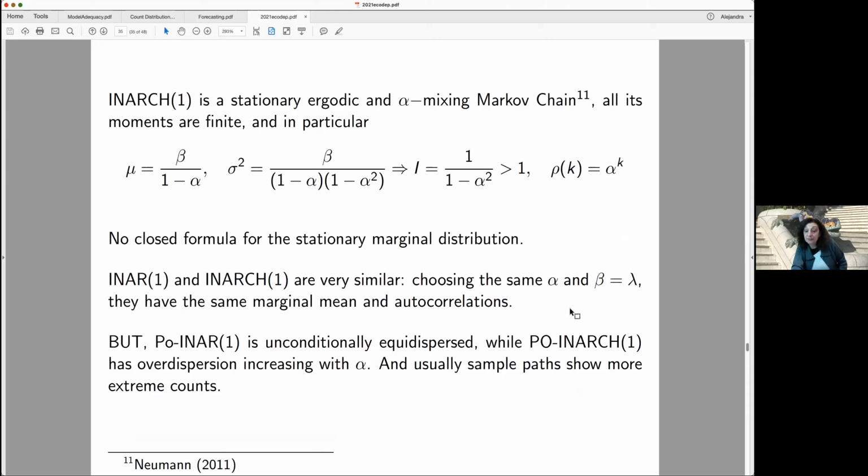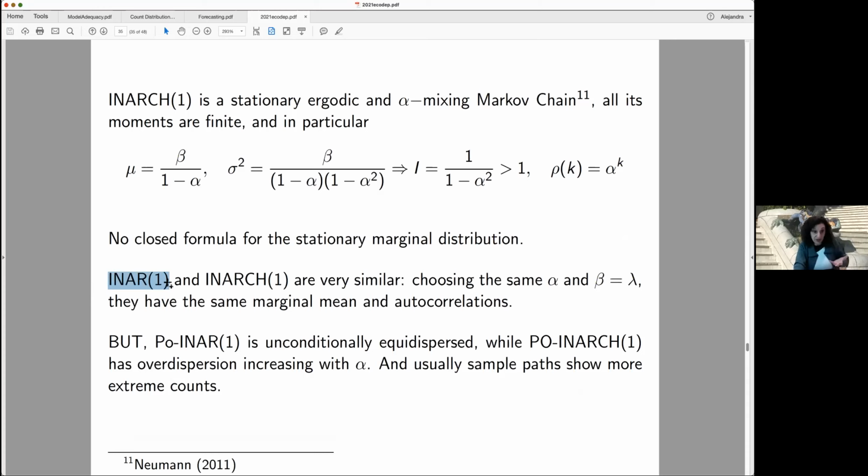In this case, this 1 minus alpha here gives us conditional overdispersion that increases with alpha. And in GARCH processes, the Poisson INARCH(1) usually has sample paths that have more extreme counts than in the Poisson INAR(1) counterpart.